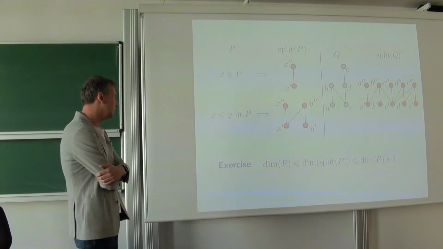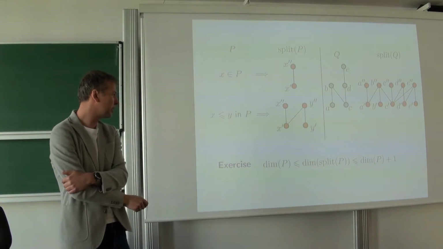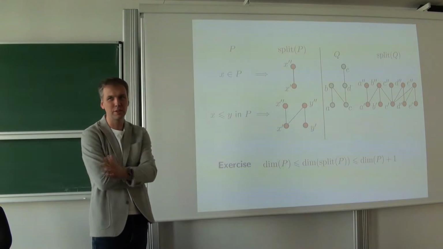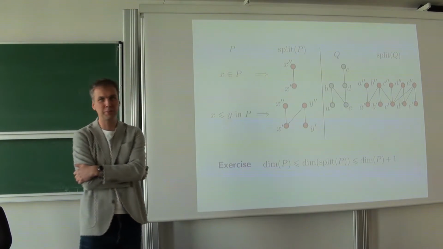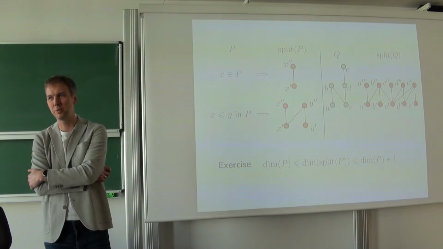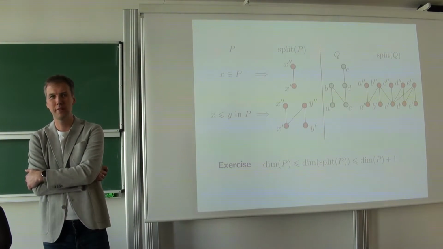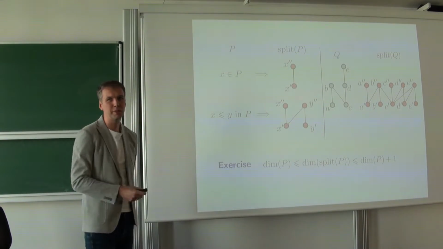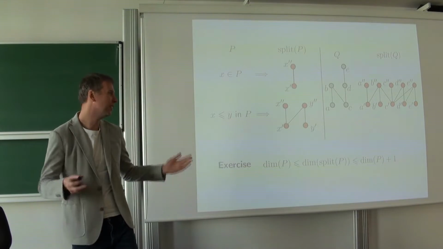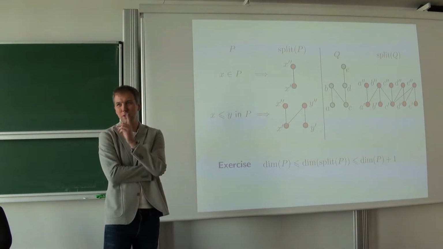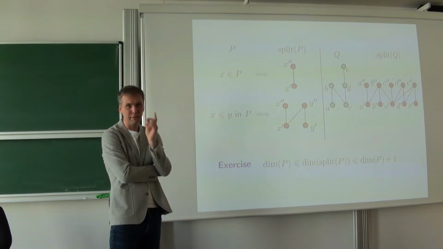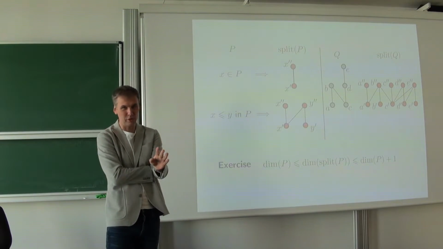And now the thing is, and we'll do it in the exercise session, this is not difficult: the dimension of the split is basically the dimension of the original poset. So why didn't we do splits all the way through, and why are we not just talking about height 2 posets? Well, something is destroyed dramatically.